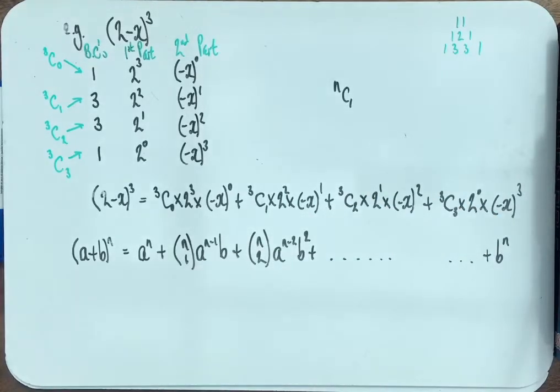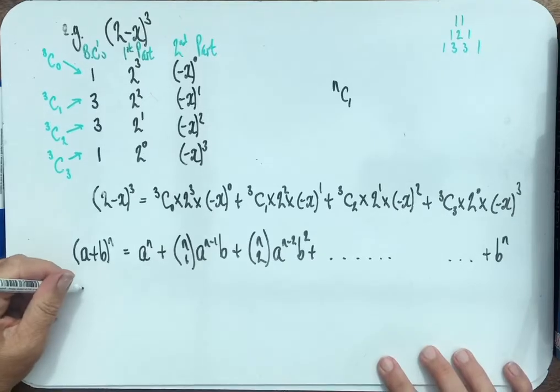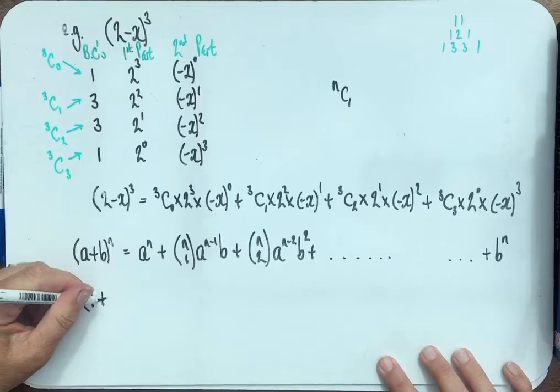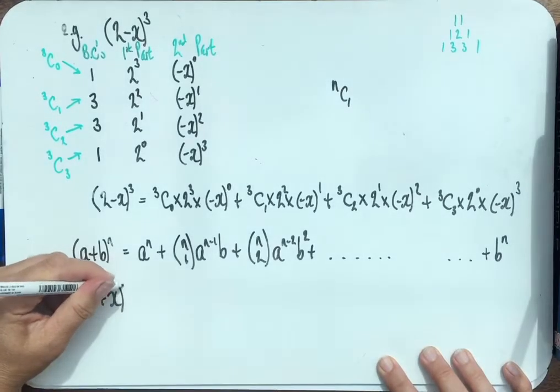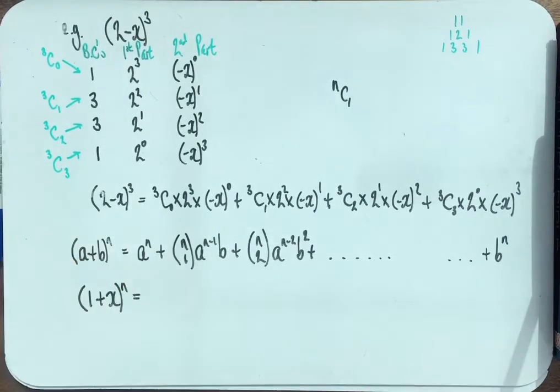If we substitute in, instead of having a plus b, if we substitute in (1 plus x) to the power n, this is kind of the direction we're heading in. The other thing I meant to say is restrictions.